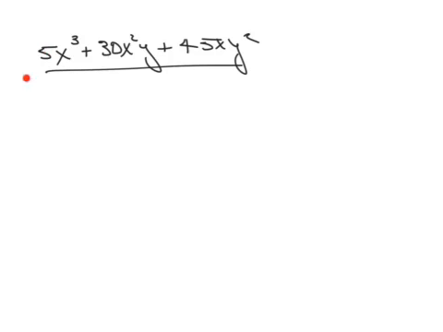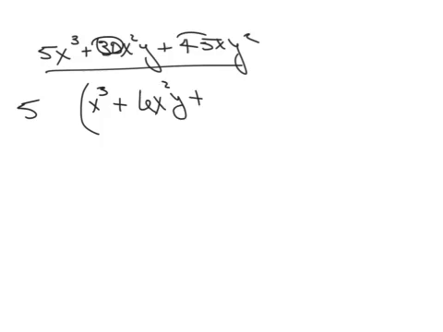So 5 out of there gives me x cubed, plus a 5 out of there gives me 6, 5 out of that gives me a 9. See what I did there? It's just dividing. 5 into this gives me 9, 5 into this gives me 6, 5 into 5 gives me a 1.